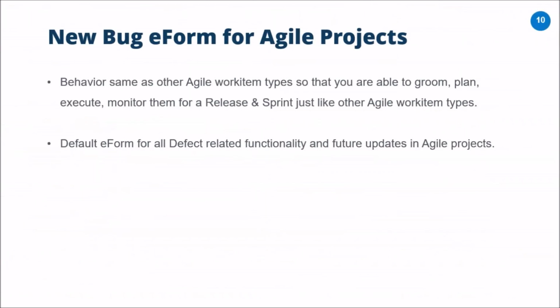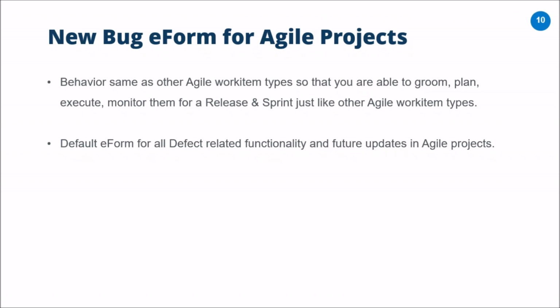Another update that we have done for the Agile projects is a new bug eForm for Agile projects. So up until now, we had a defect eForm that helped you track all your defects, but it had a traditional workflow which typically doesn't get used for your Agile projects, because you would want to plan it as part of your sprints, execute them on the execution board across the value stream, and all that was not possible with the defects eForm.